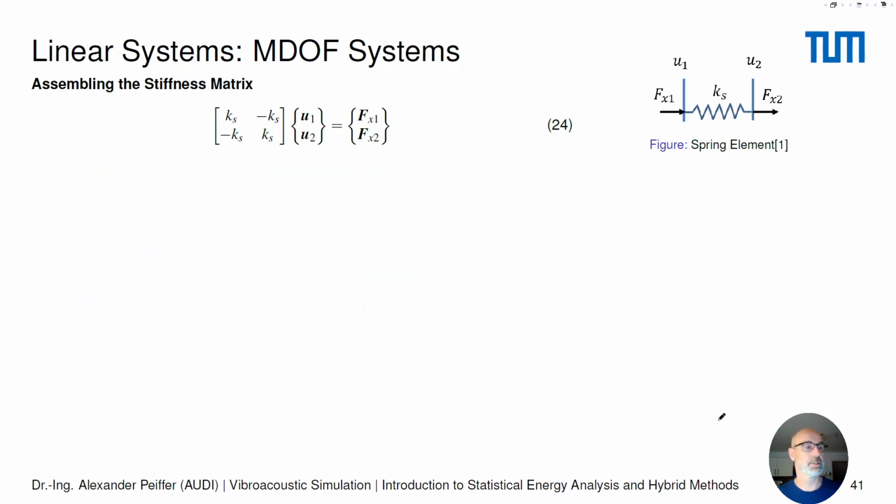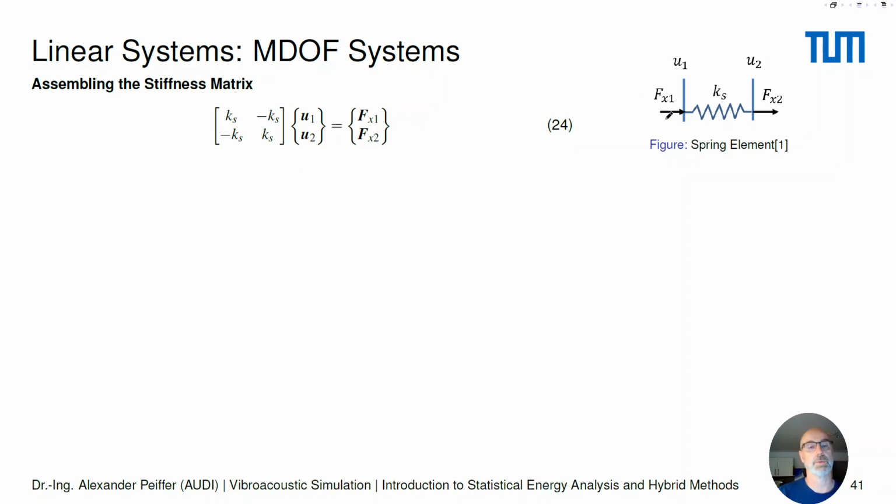So let's come to the stiffness matrix. Now the situation is slightly different. Things are coupled now. If you just look at the spring element as denoted here, we have our spring stiffness Ks. We have the displacements 1 and 2 on the left and right hand side of the spring.